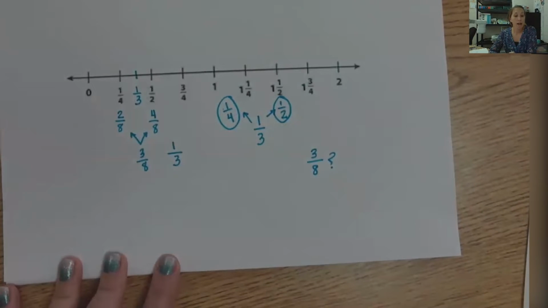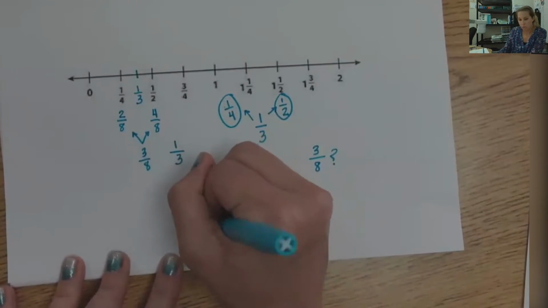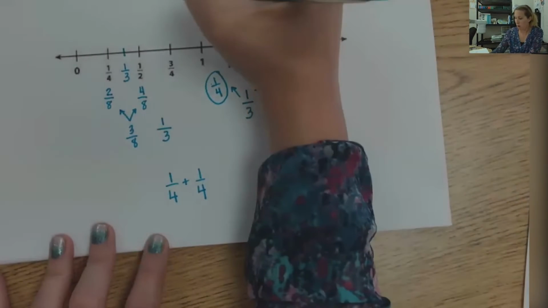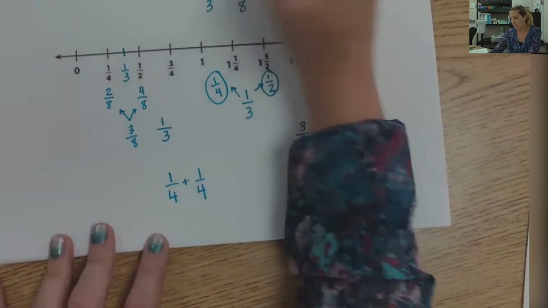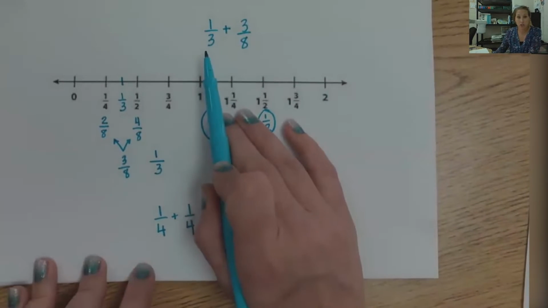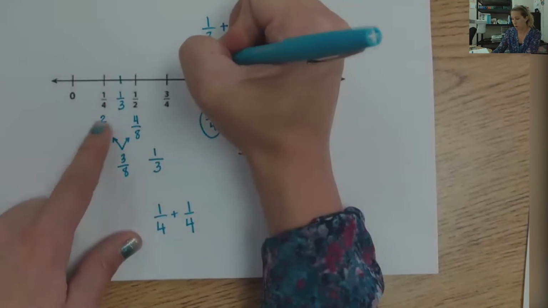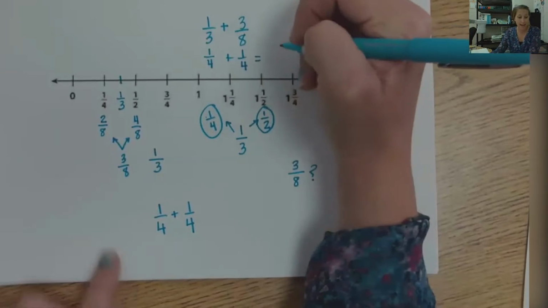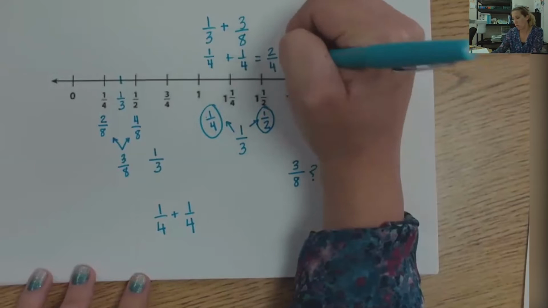If I took 1/3 plus 3/8 and I took the low estimation, I would say 1/4 for the 1/3 and 1/4 for the 3/8 to get an estimation of 2/4 or 1/2.